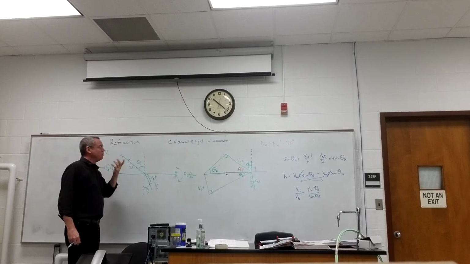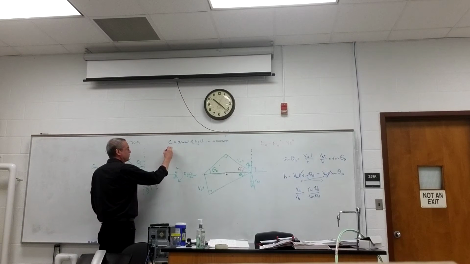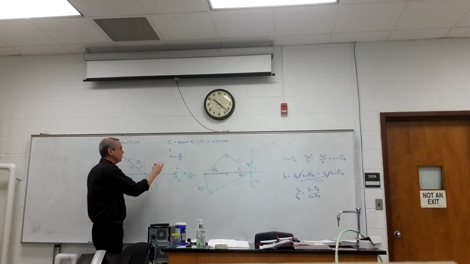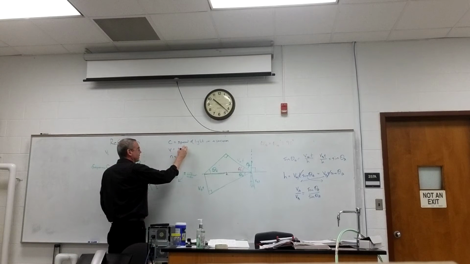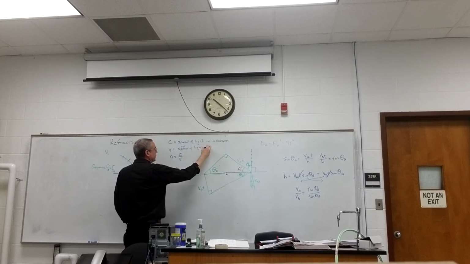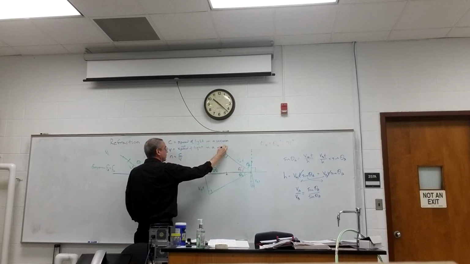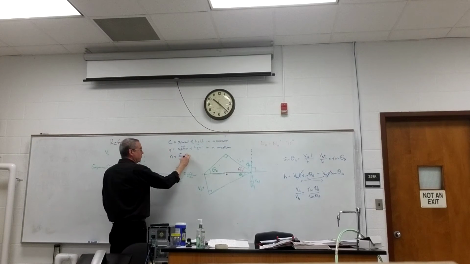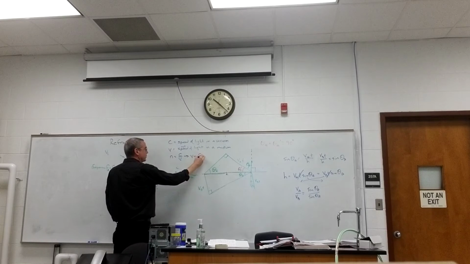So the actual speed is v, and so they made up this thing called n, which is just the speed of light divided by the actual speed of it going through a medium. So this is the net speed of light in a medium. So therefore, the speed is equal to c divided by n.